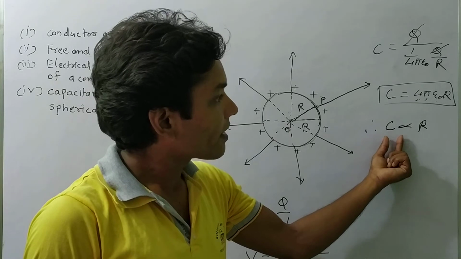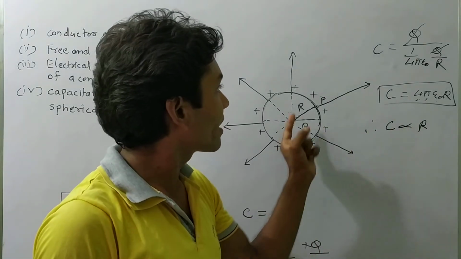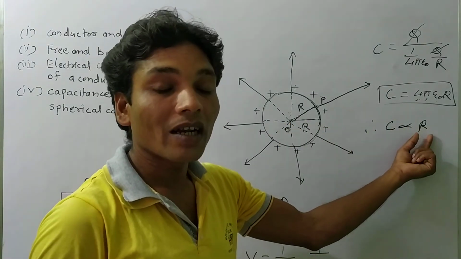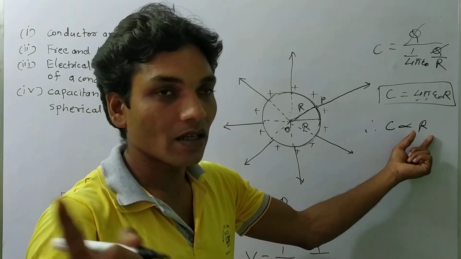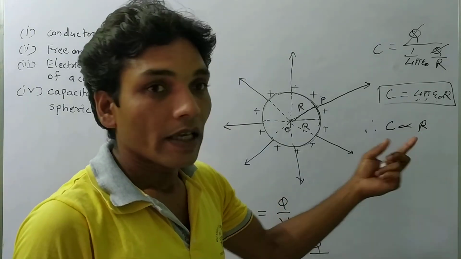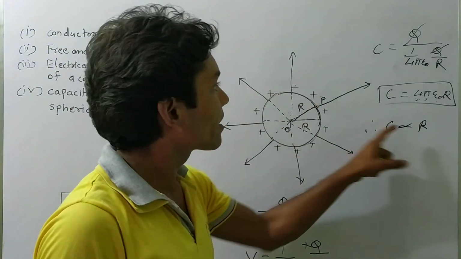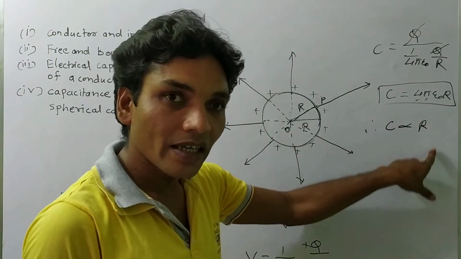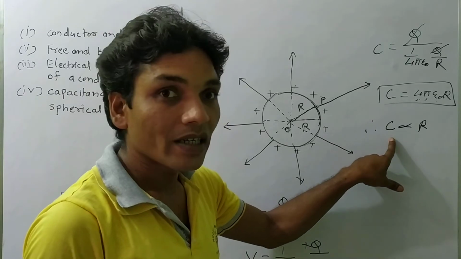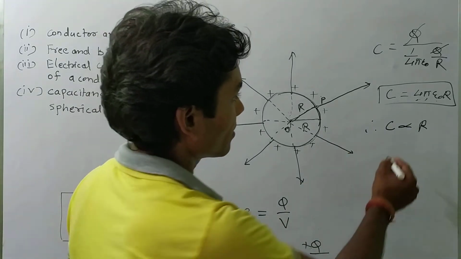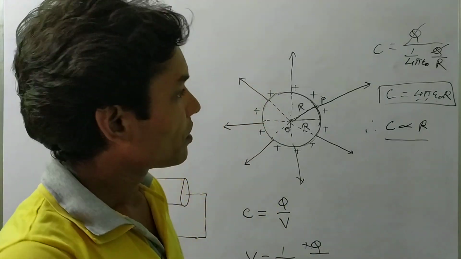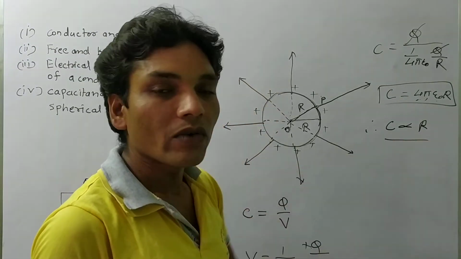If the radius of this spherical conductor decreases, the capacitance also decreases. Okay, this is the relation. These are directly proportional to each other.